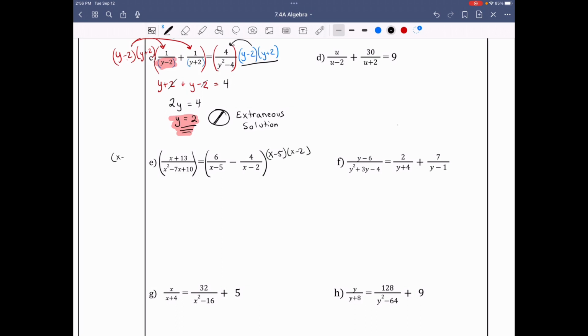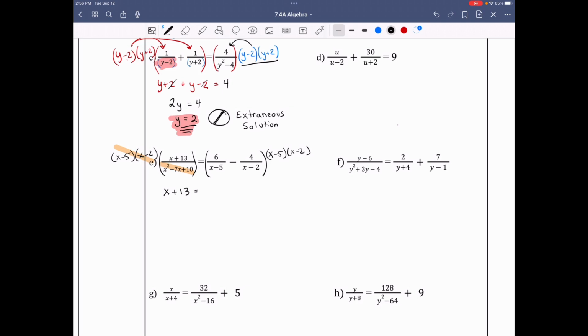On the other side, x minus 5, x minus 2. Because what ends up happening is this cancels with this, because they're the same when you factor. So on the left side, you're just left with x plus 13.